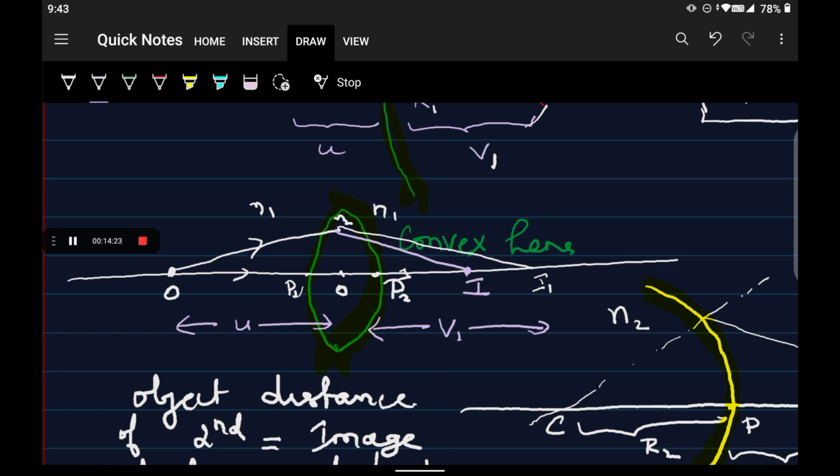If only one refracting surface alone is there, then you will get the image at I1.